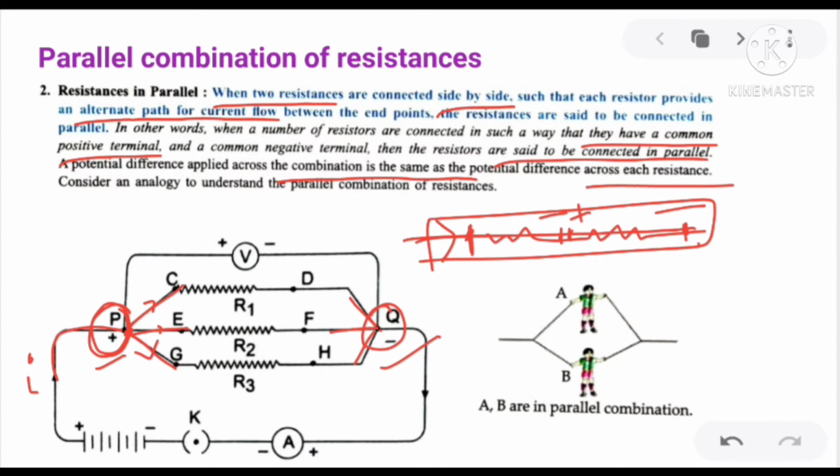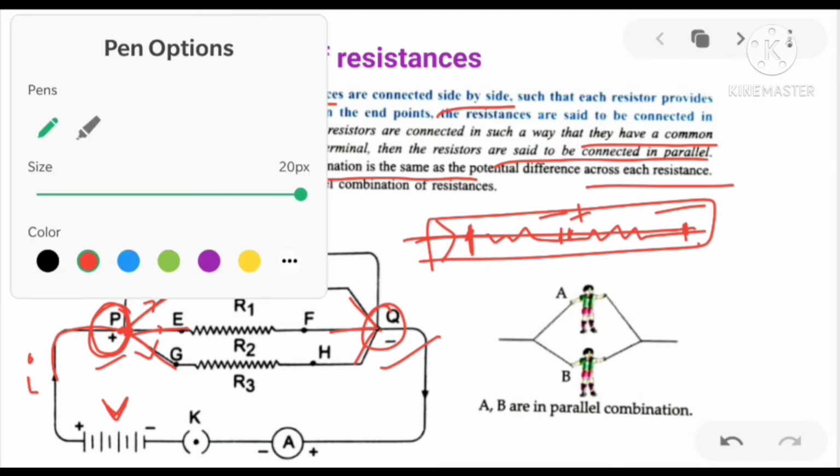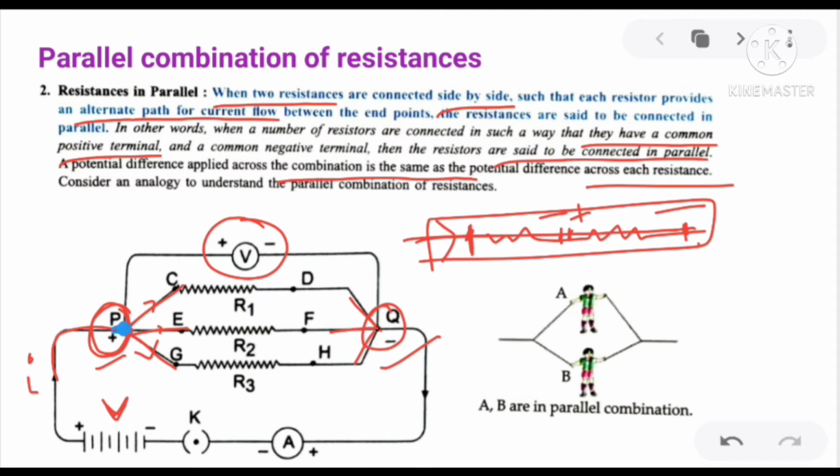Try to understand this sentence. Suppose the potential difference is V. The potential difference across the combination of three, at these two points, is V. This potential difference is the same across each resistance.